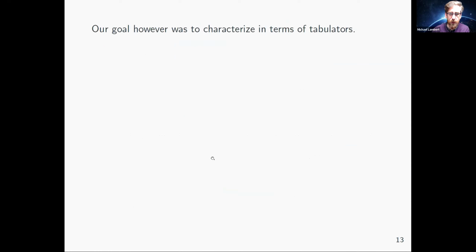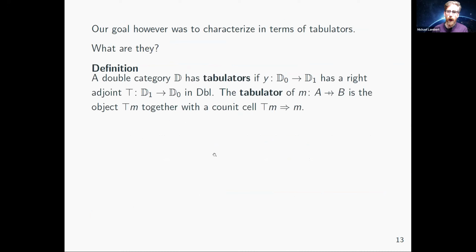So let's move toward that, right? We want to work with tabulators. So what are they? Well, I think the cleanest definition is just that a double category has all tabulators if the external identity has a right adjoint. That's just the really slick, beautiful definition.